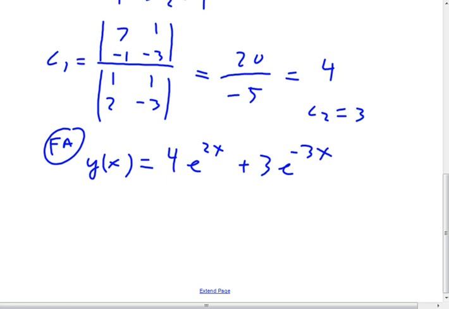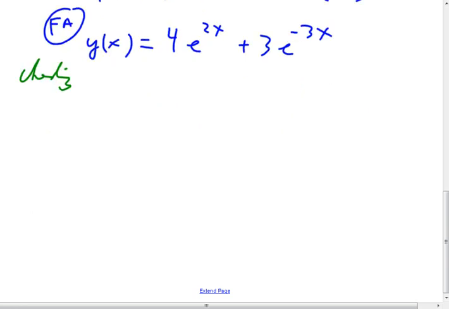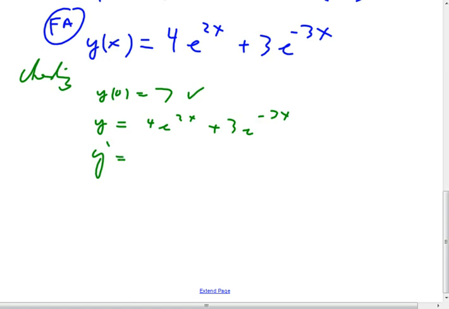And now I'll start my checking again. I'm saying y at 0 is 7, check. And then y is 4 e to the 2x plus 3 e to the minus 3x. y prime is 8 e to the 2x minus 9 e to the minus 3x. I'm going to check the initial condition. y prime at 0 is supposed to be minus 1.